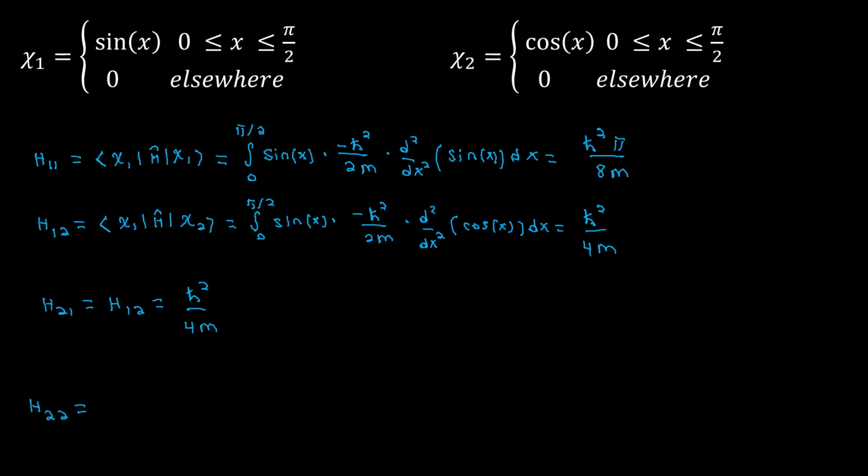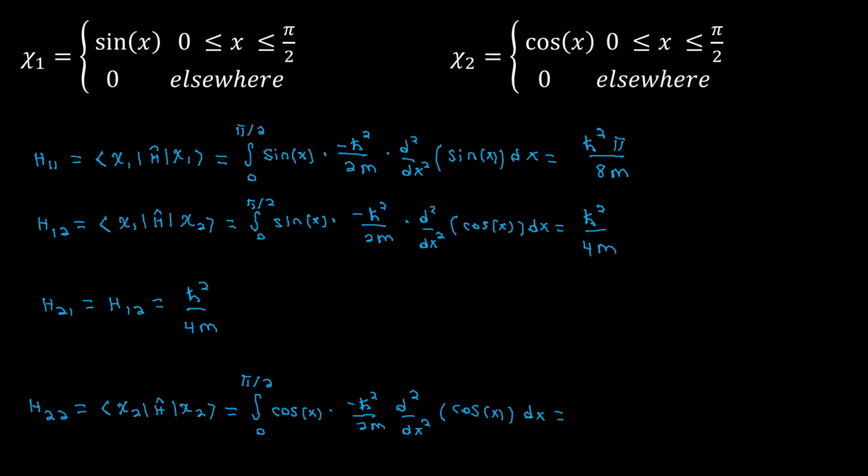And that in bracket form is going to be chi2 times the Hamiltonian applied to chi2. And now in integral form, this is going to be the integral from 0 to pi over 2. We're then going to plug in chi2, which is cosine of x, times negative h bar squared over 2m d squared over dx squared, again our Hamiltonian, and then again apply to chi2, which we know is going to be cosine of x dx.